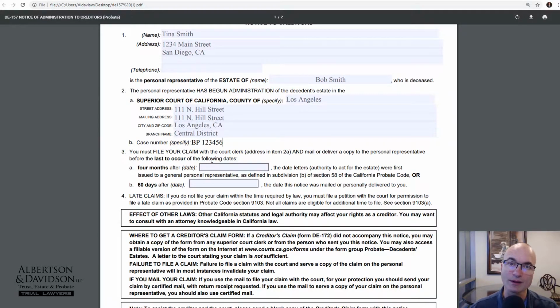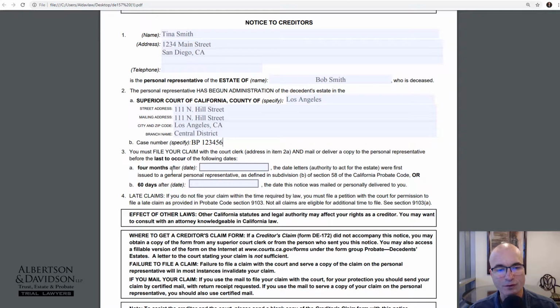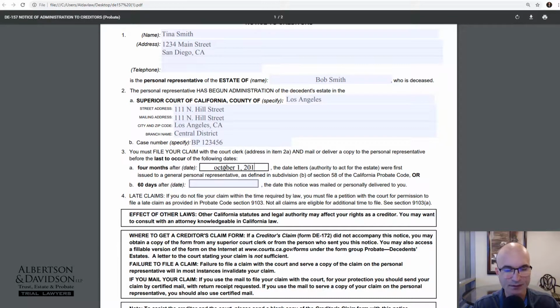So there are timelines that the creditors have, either 4 months after the date that letters were issued to the personal representative. So if Tina Smith was appointed the personal representative on October 1, let's say, then the creditor needs to know that they only have 4 months after October 1 to file a claim, or 60 days after the date of this notice.